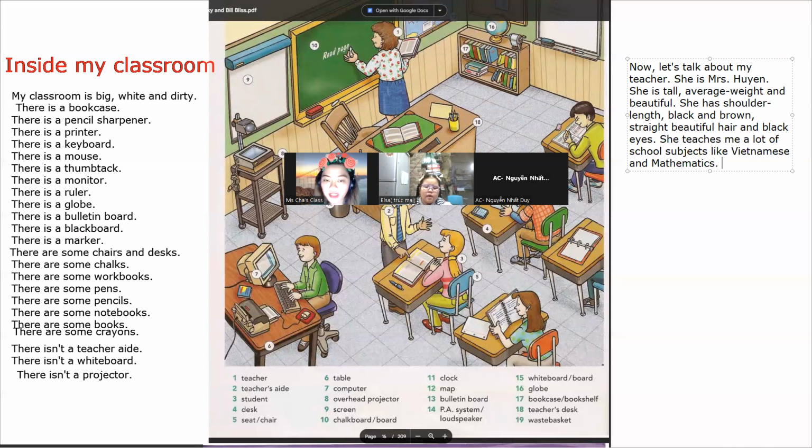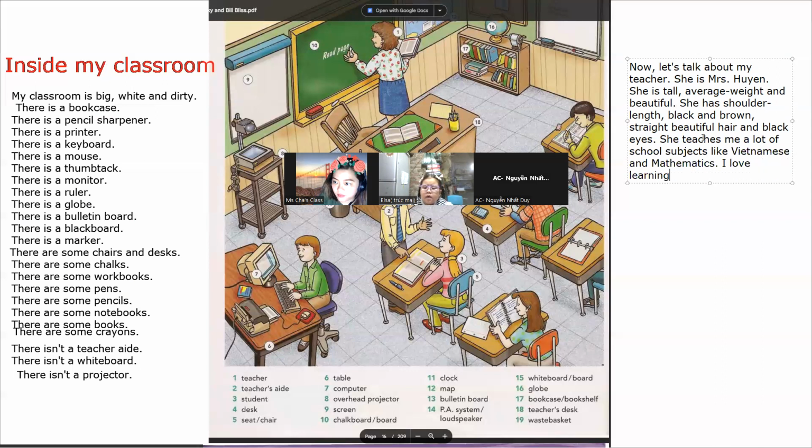Okay. So with this one, what are the things that you do inside her classroom? Do you sing, dance, play, color? Sing, dance, play, color, draw.